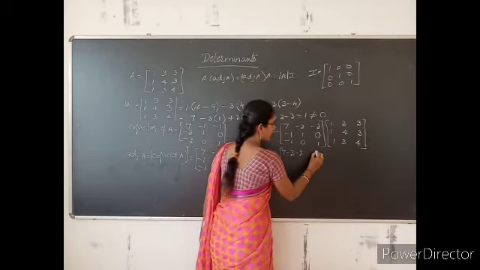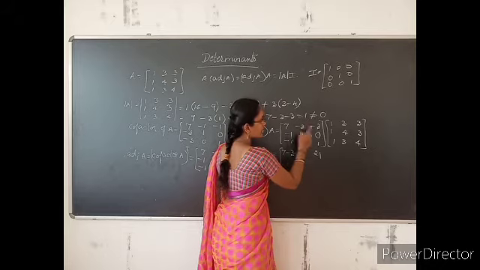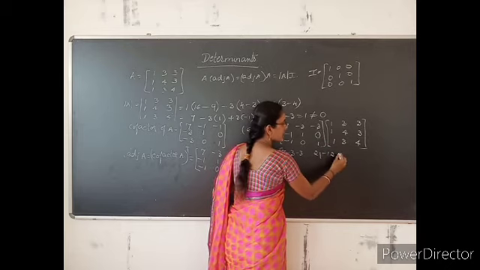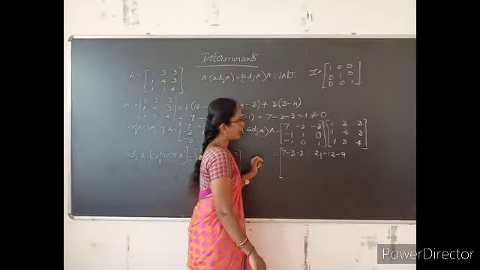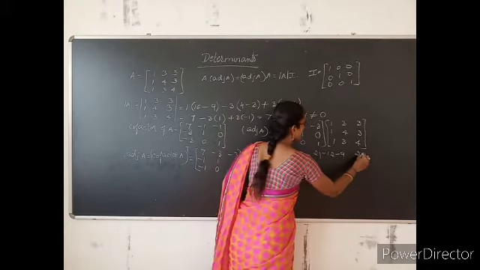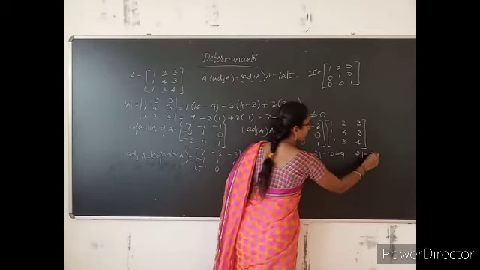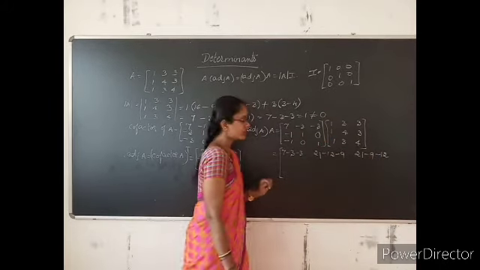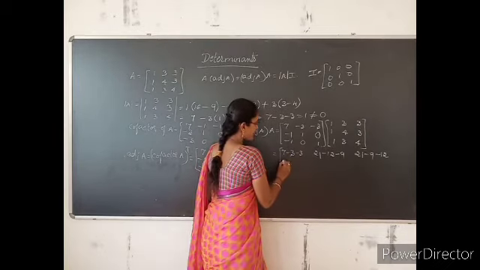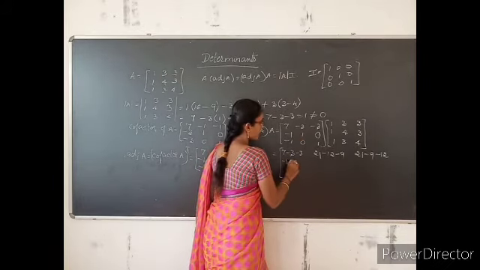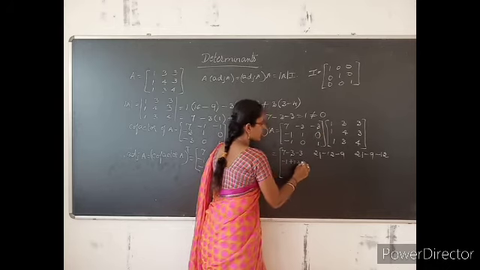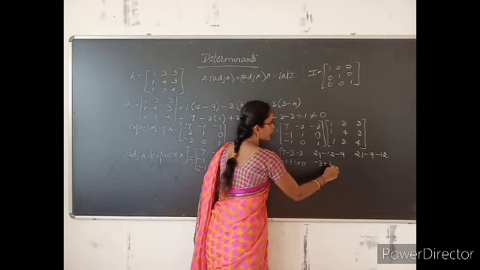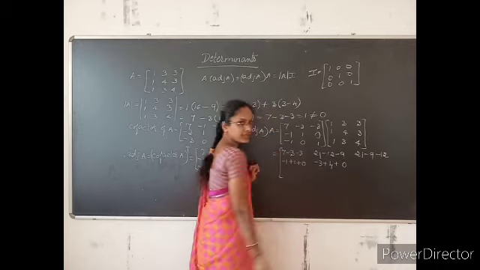So 7 into 3, 21, plus minus 3 into 4 is minus 12, plus minus 3 into 3 is minus 9. Then 7 into 3 is 21, minus 3 into 3 is minus 9, minus 3 into 4 is minus 12. Next, minus 1 into 1 is minus 1, 1 into 1 is 1, 0 into 1 is 0. Minus 1 into 3 is minus 3, plus 1 into 4 is plus 4 and 0 into 3 is 0.